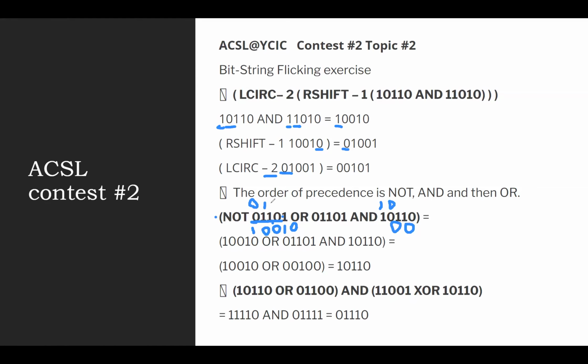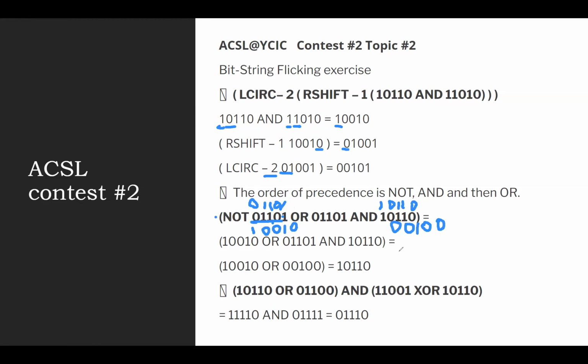But now this time they're both 1s, so the output would be 1. This time this one's 0, this one's 1, so the output would be 0 since only one of them's 1. And then the final one, this one's 1, this is 0, so the output's 0.